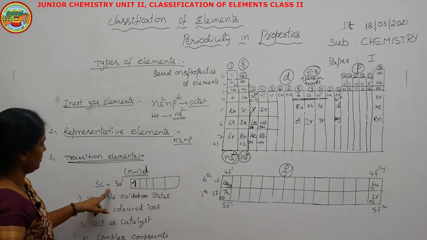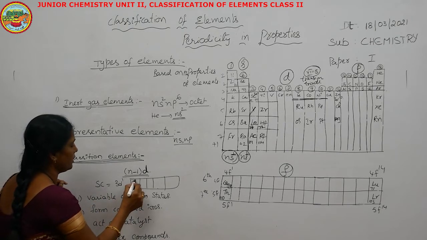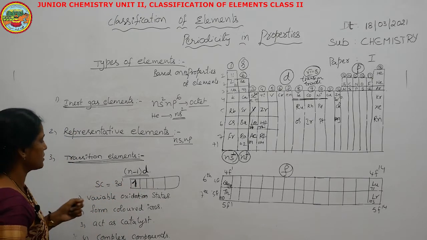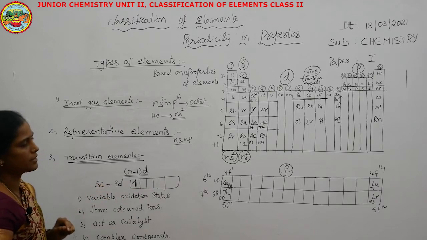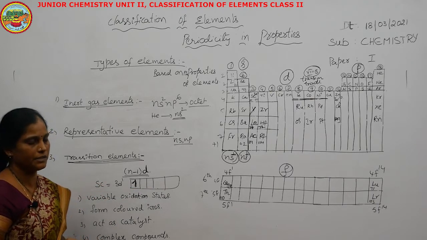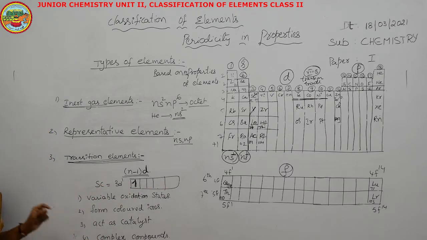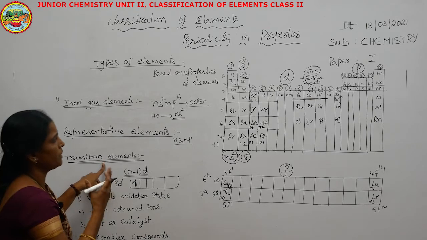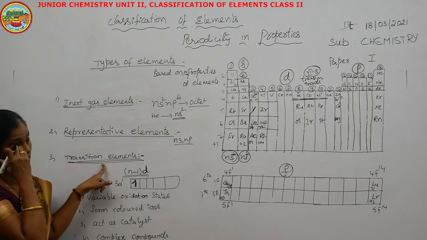If any element contains unpaired electrons, it is paramagnetic in nature. If it has completely filled orbitals, it is diamagnetic in nature. Like that, they show magnetic nature. So these are all the important special properties of transition elements. That means these are in between S block and P block.